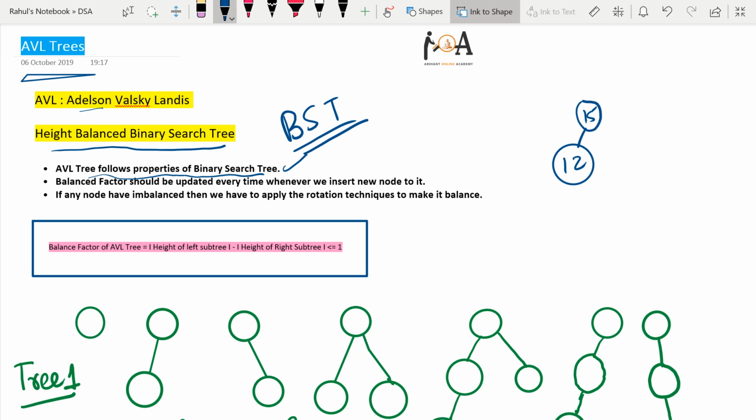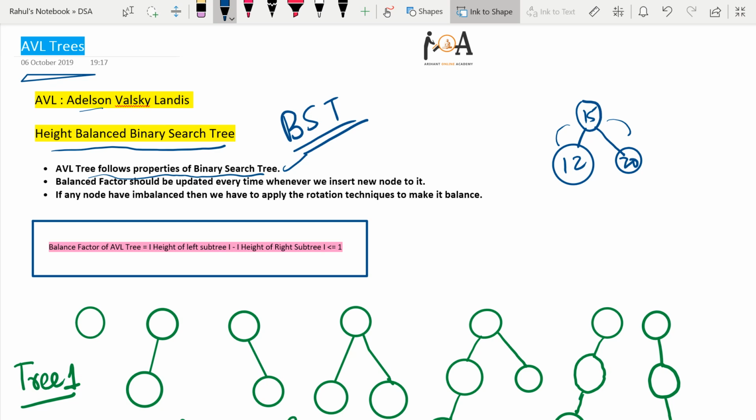But if the new node is higher than the root node, suppose 20, then you add it on the right side. So in the left subtree you add the nodes which are less than the root, and in the right subtree you add the nodes which are higher than the root. Here 12 is less than 15 and 20 is greater than 15. So this is the very basic of the BST.